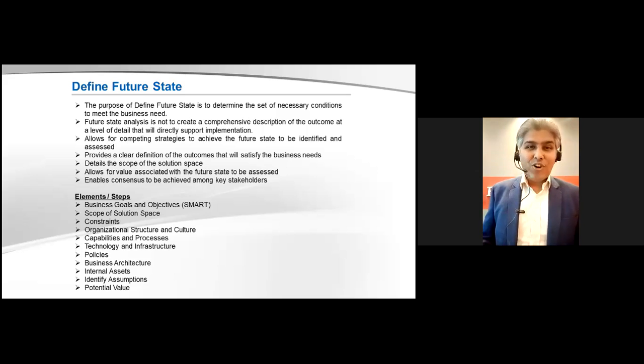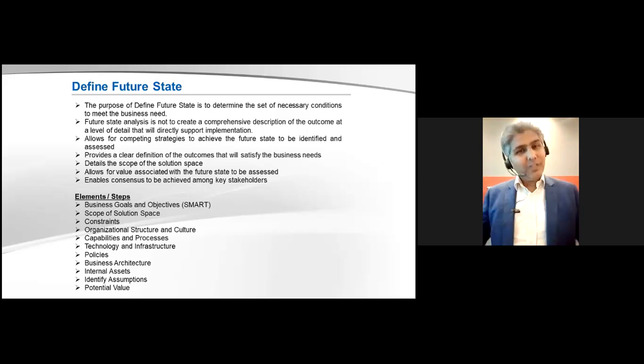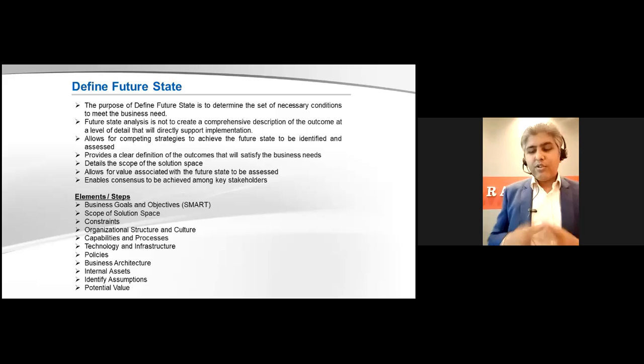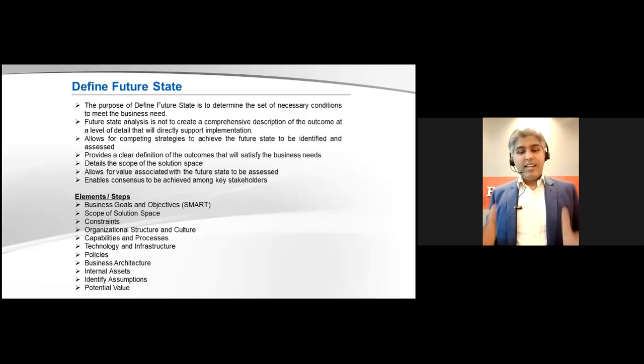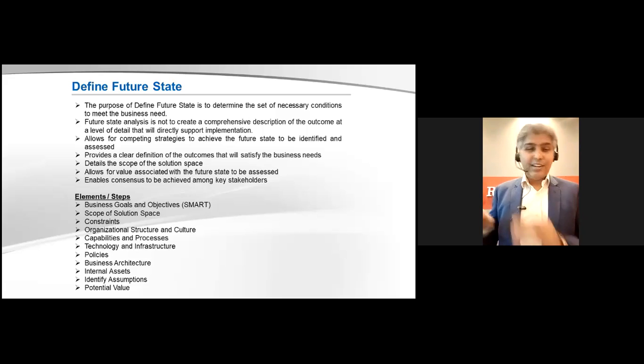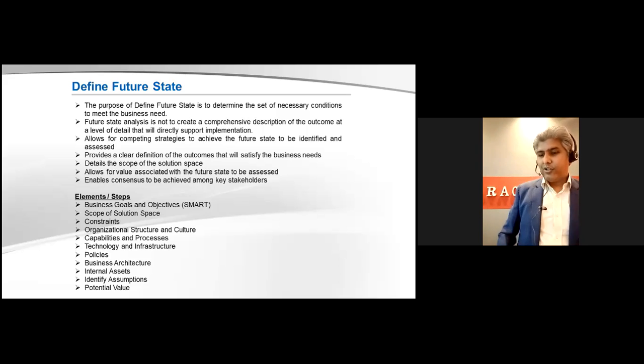What if that assumption is wrong? The whole project, the business objective, is wrong, right? So this is important. You have to identify the assumptions that you are thinking are true for going for the future state. You also identify the potential business value that the future state is going to create. Okay, so this is about the future state.